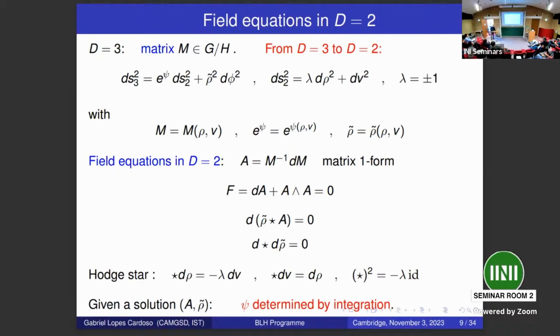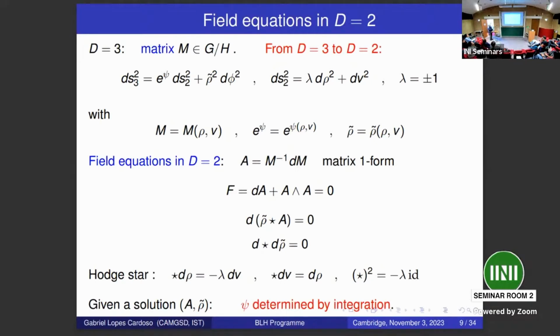Now you look at the resulting equations of motion. So you will have equations of motion for the scalar fields encoded in M. You will have one for psi, you will have one for rho tilde. So let's first look at the field equations for the scalar fields encoded in the matrix M. You take M, you take its exterior derivative multiplied by M inverse.